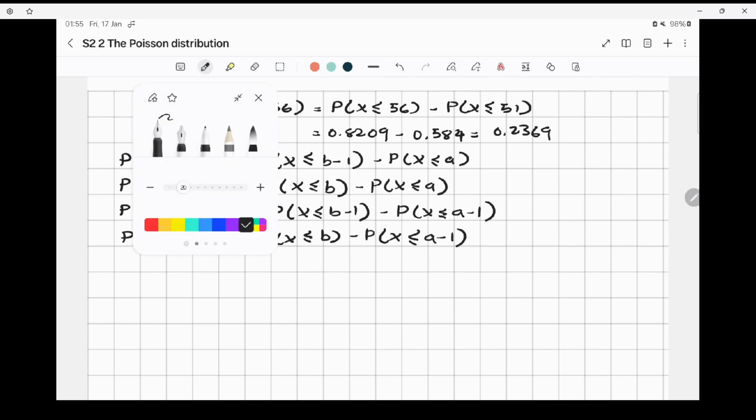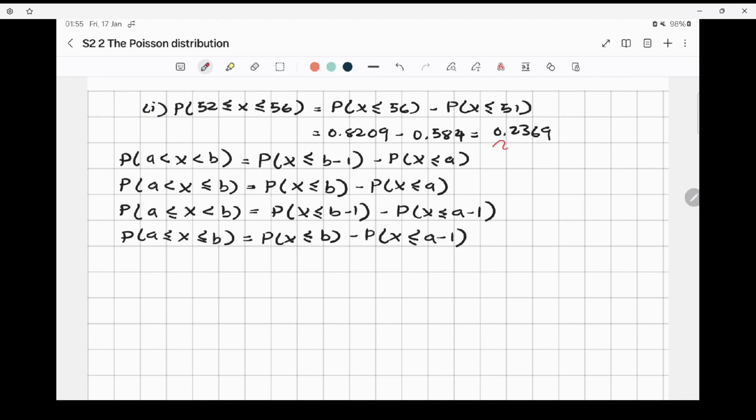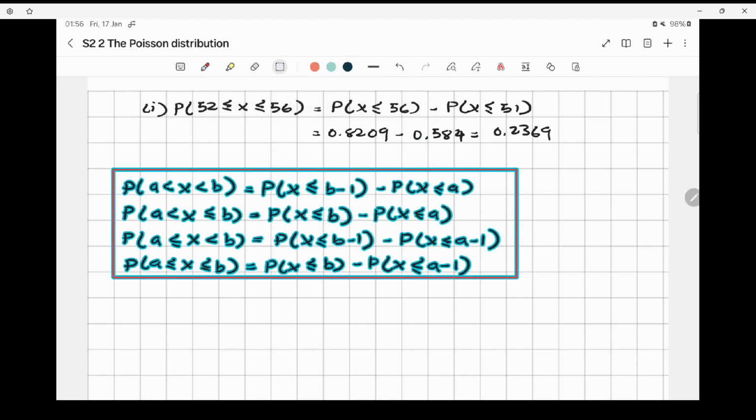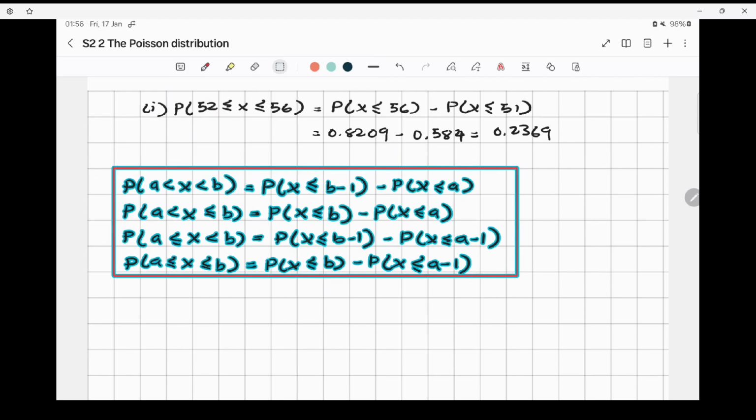So there you go. If you really don't understand what I was doing just now, just memorize this. Should be enough. So let's put it over here instead.